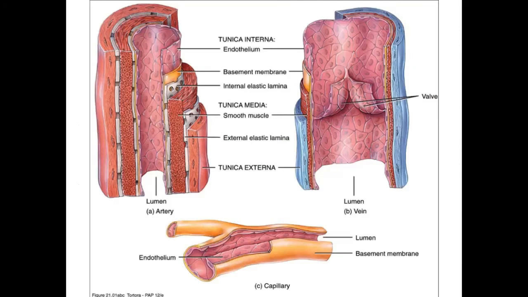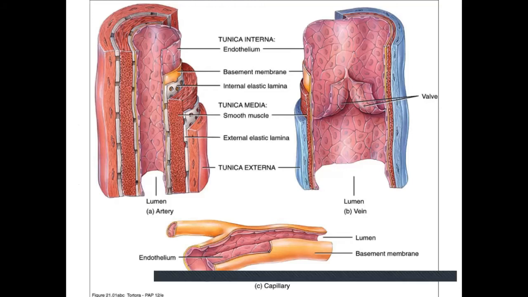So the main message is that arteries, veins, and capillaries all have a similar structure. They all have an intima, they have a media, they have an adventitia layer on the outside.